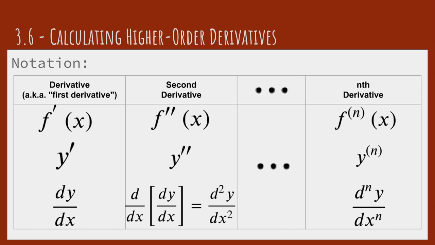If we're using Leibniz notation, it's kind of a weird notation. It's not immediately obvious why we would do this, but we put an exponent on it, and the exponent in the numerator goes in a different place than the exponent in the denominator. And the reason is we're taking the derivative of a derivative. So we should be familiar with this d dx notation, saying that we're taking the derivative of what is in the bracket here.